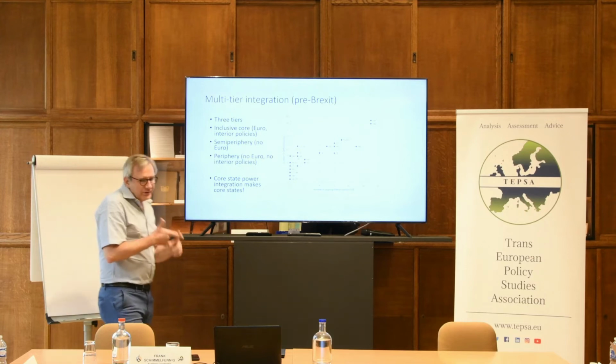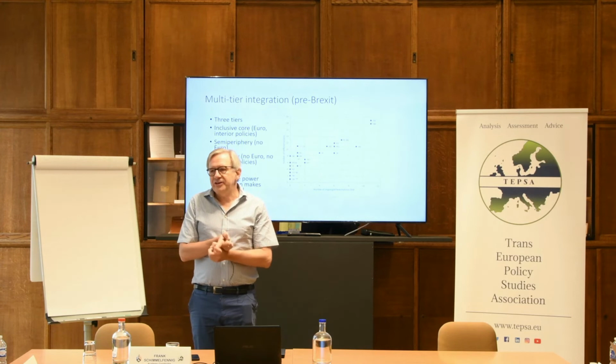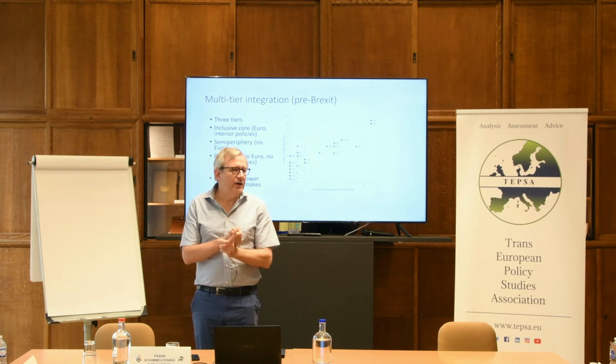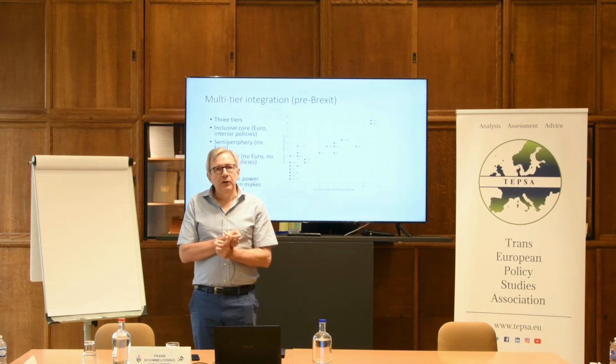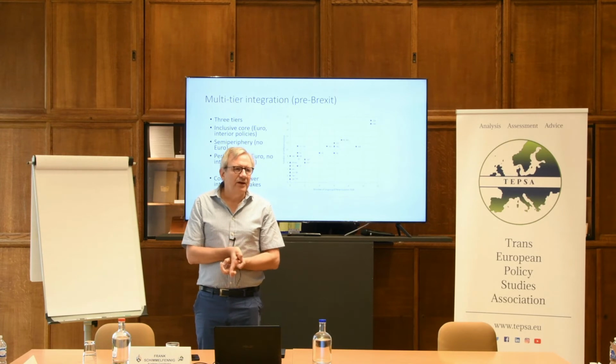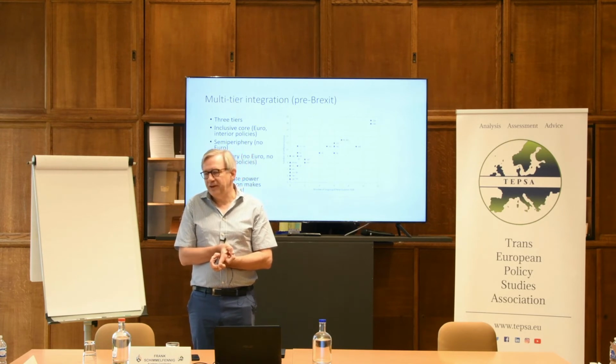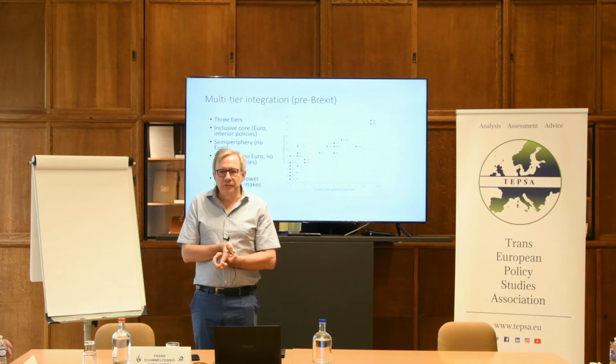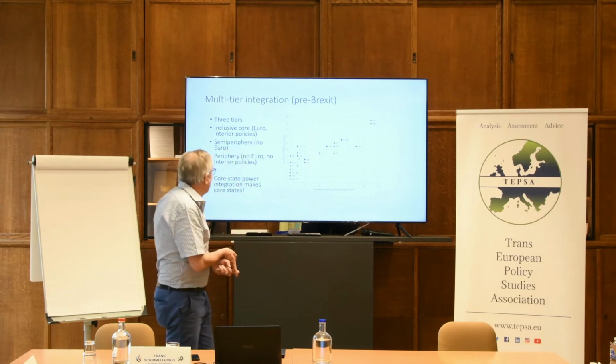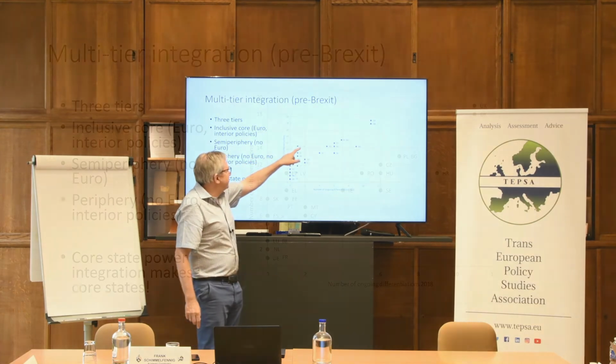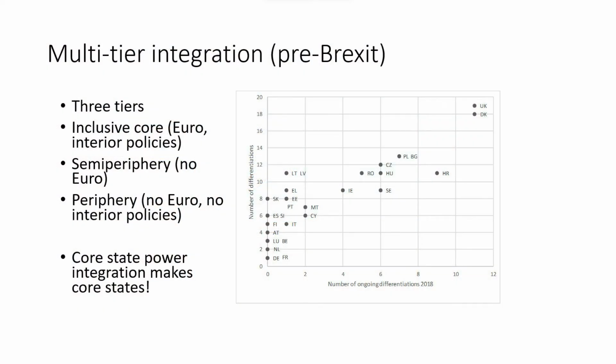So this is one important lesson. The second lesson is that there's actually quite high mobility. We have many examples of states that had a lot of differentiations when they joined, and that are now part of the core. The best examples are, for instance, Lithuania and Latvia here, which had, in their history of membership, 11 differentiations, so quite a large number.